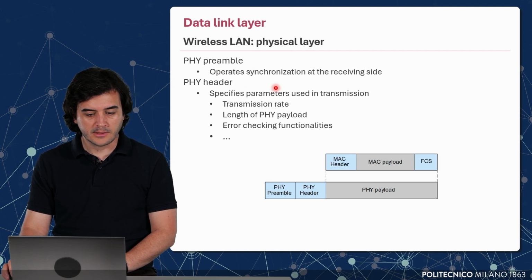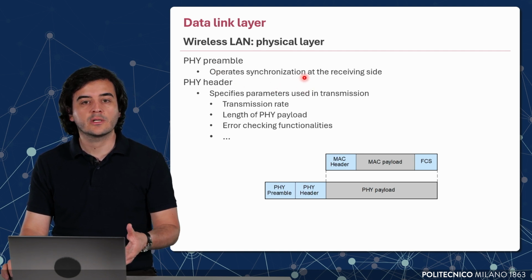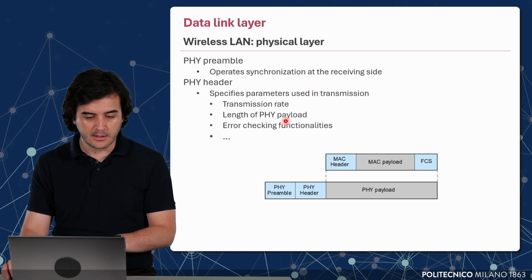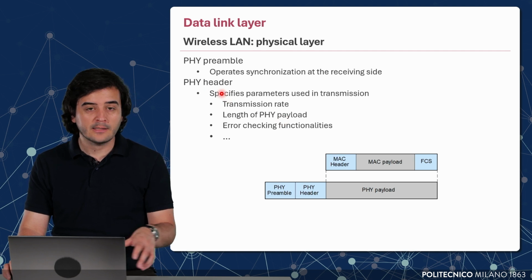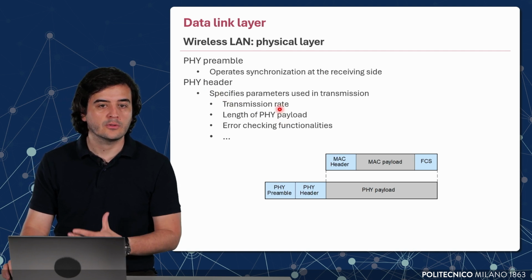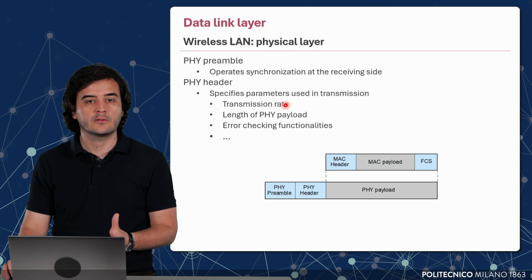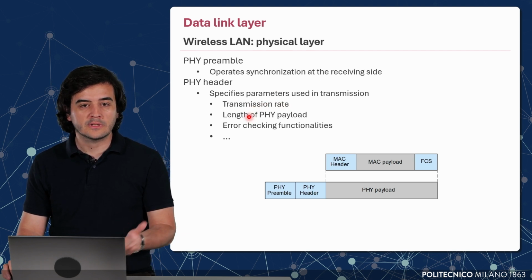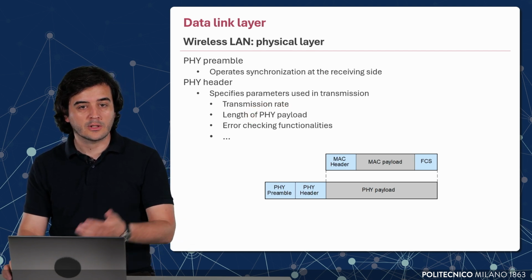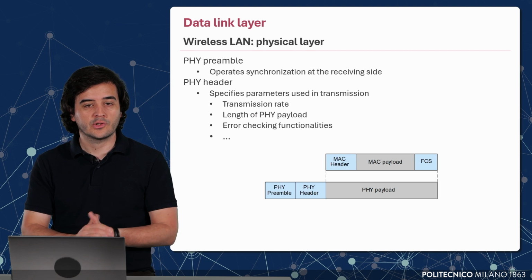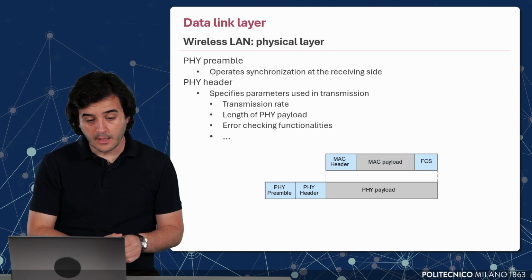Preamble serves for synchronization on the receiving side, whereas the header contains some information on the transmission rate, on the payload of the physical layer, and error checking functionalities and so on.